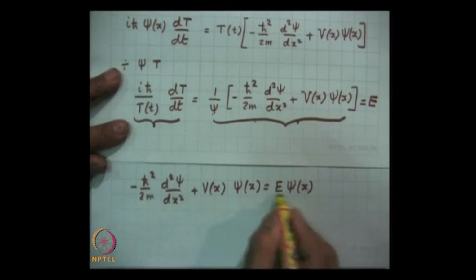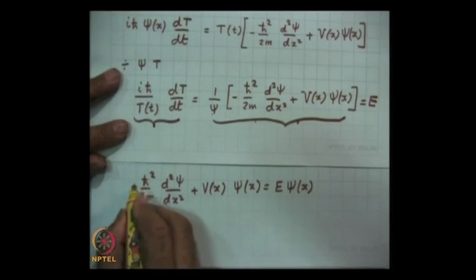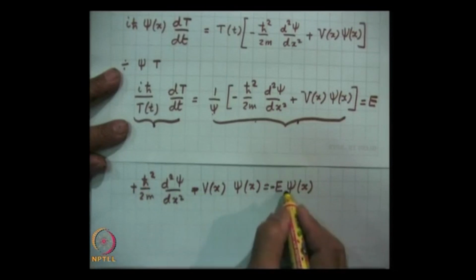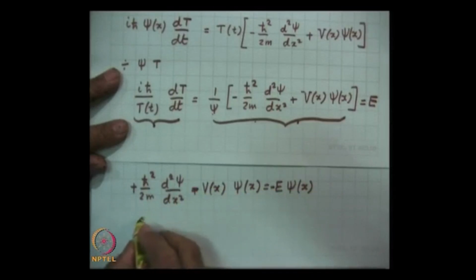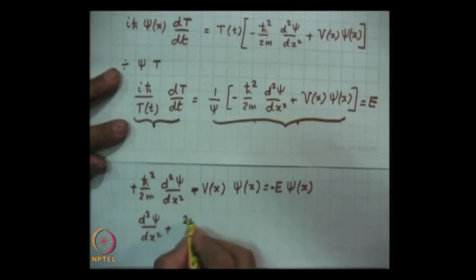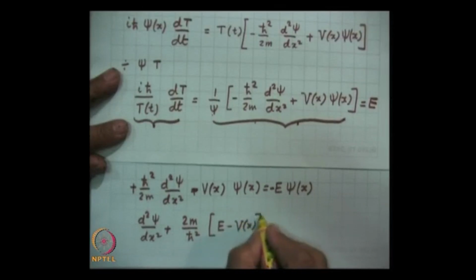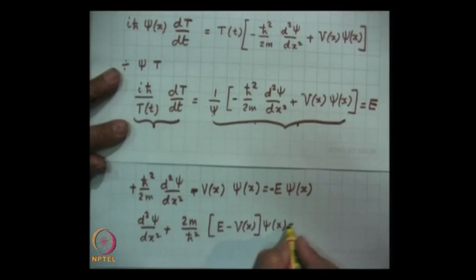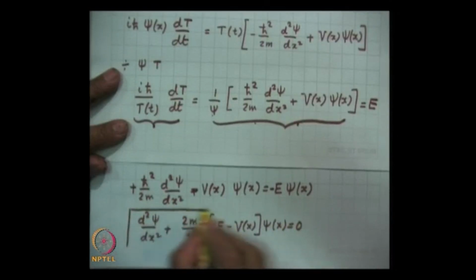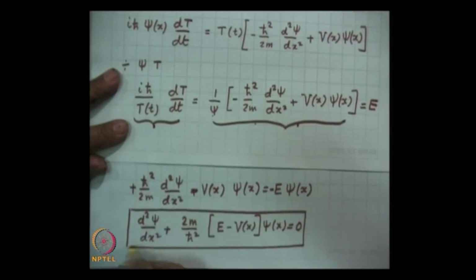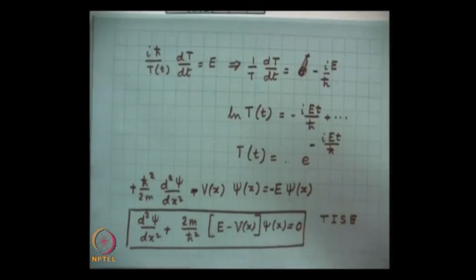And therefore, bringing terms to one side, you get d2 psi by dx square plus 2 m by h cross square times E minus V of x, psi of x is equal to 0. This is known as the time independent Schrodinger equation. The time dependent part is so much.